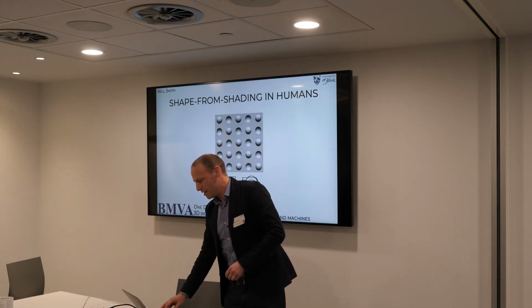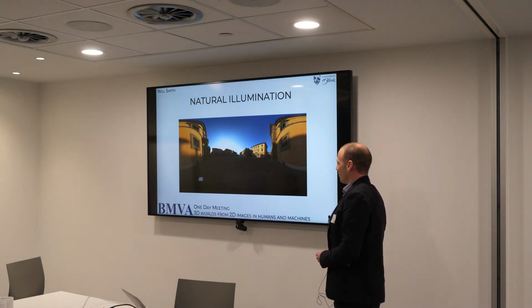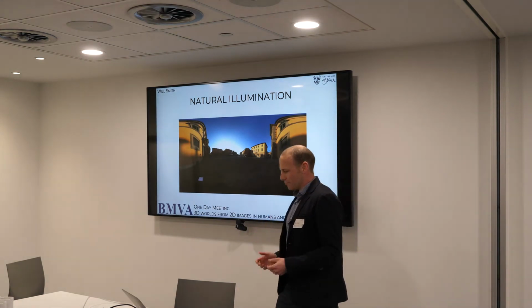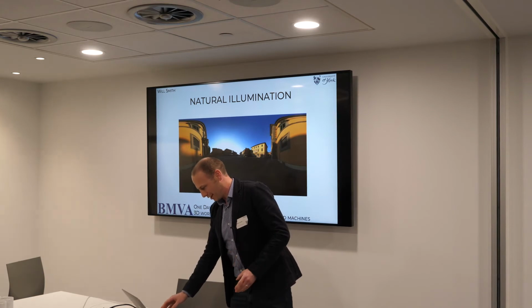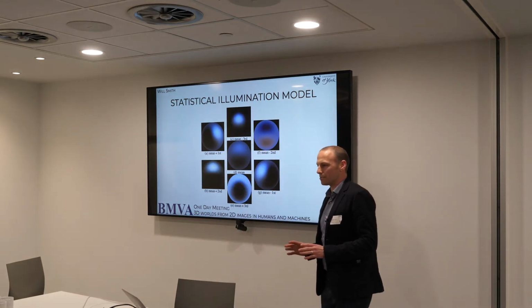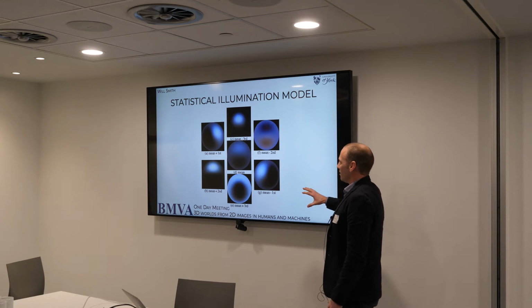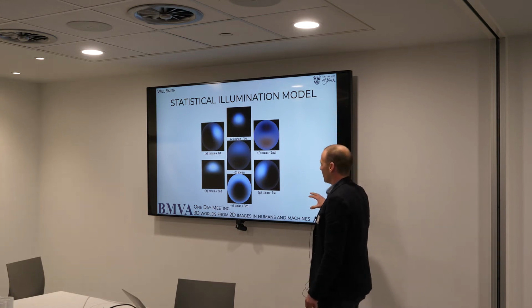We didn't want to enforce something so restrictive as that, but we did think we should have a prior on lighting. So the way we did it was we collected a few thousand environment maps, HDR spherical images of natural scenes, projected them into spherical harmonic space, and then built a statistical model in that space. This captures, in a low frequency sense, what natural lighting tends to look like.